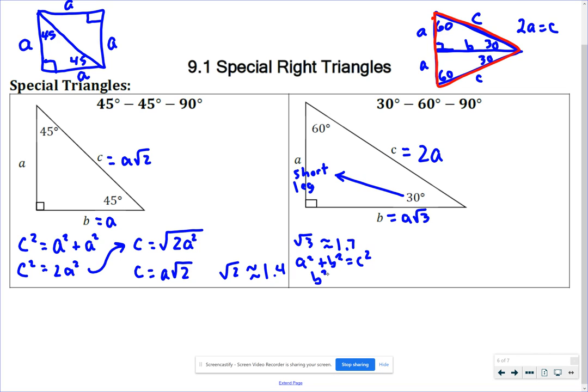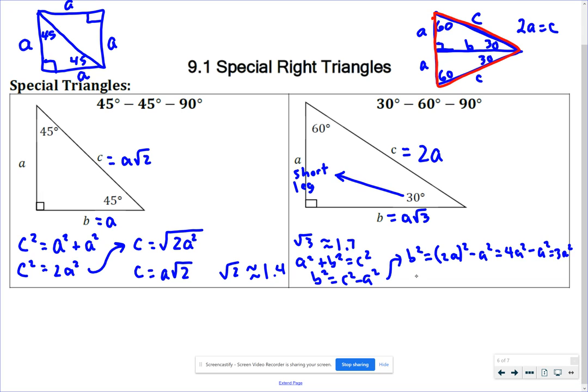So if I subtract an A squared, I have B squared equals C squared minus A squared, right? But if A doubled is C, then let me just replace the C with the 2A. That gets me 4A squared minus A squared, which is 3A squared.